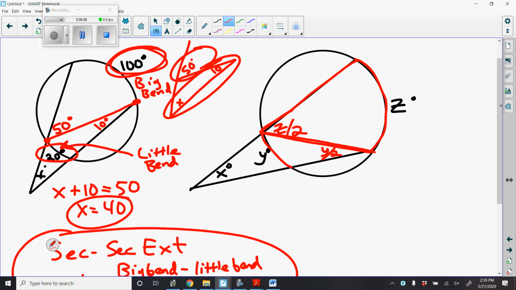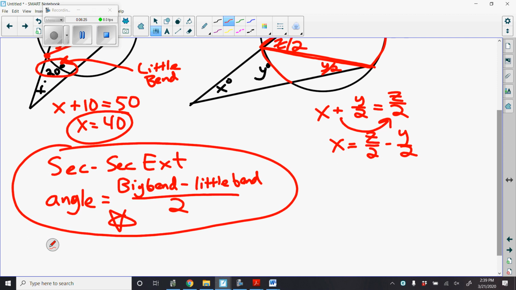And what I know then is x plus y over 2 has to equal z over 2. When I subtract this over, I get x equals z over 2 minus y over 2. They already have a common denominator, so I can condense this to call it x equals z minus y over 2. Again, let's think about what this represented.